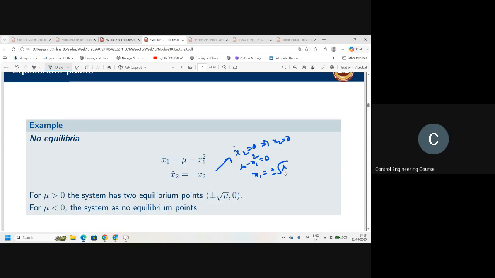So if mu is positive, then you will have two equilibrium points. If it is negative, that is imaginary and not defined, right? We won't define any position x1 and x2 in terms of imaginary numbers. So that means there is no equilibrium point in this case.